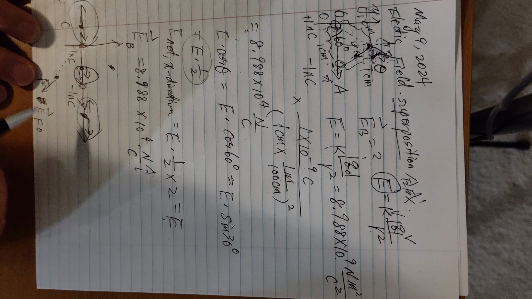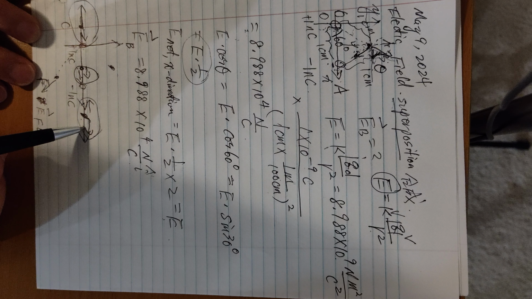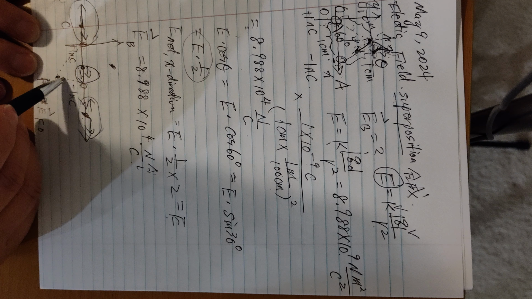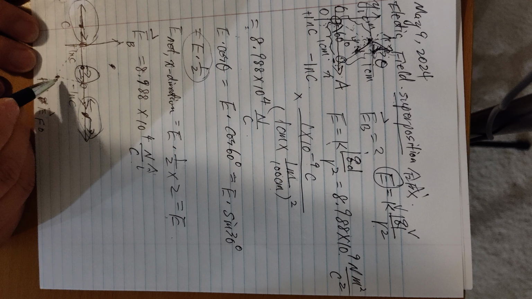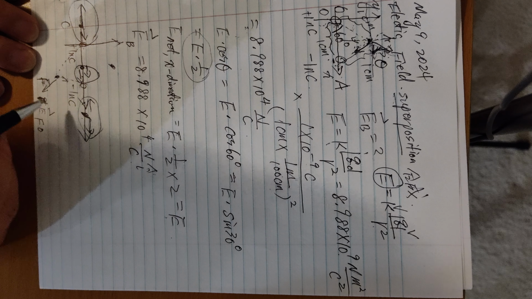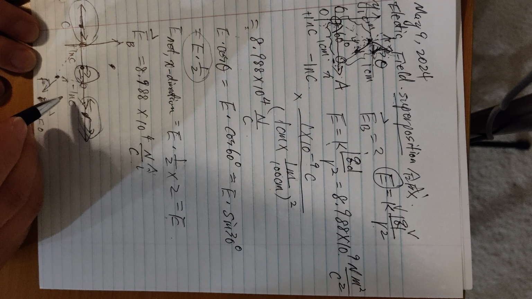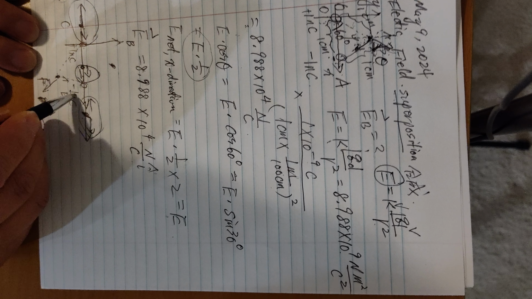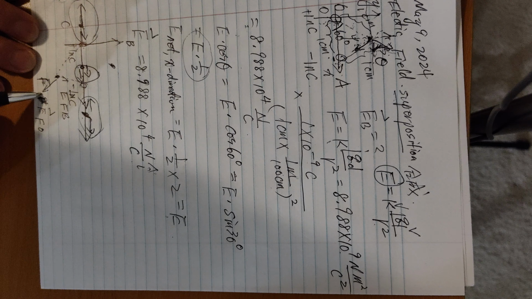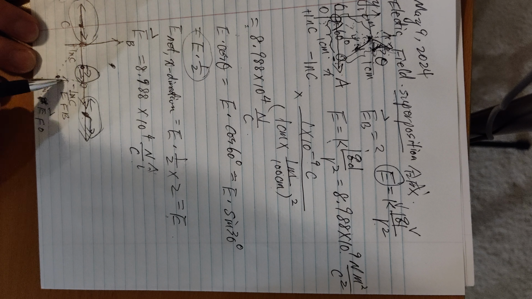And then another electric field due to this charge right here, if we connect those two, it's going to be in that direction, right? Because this is a negative charge. Then we call it E_FB. And then our final result will be a superposition of those two.